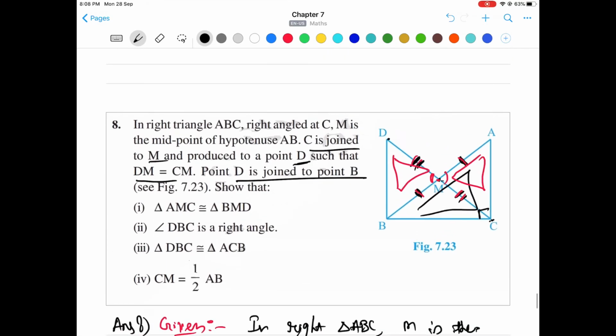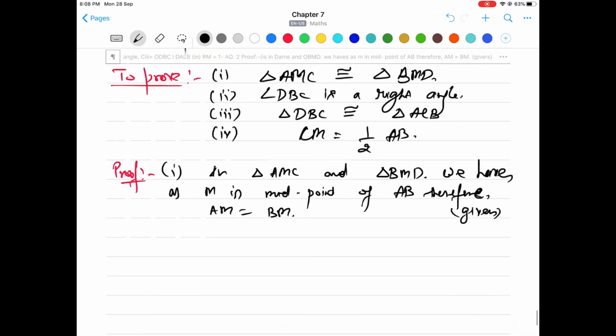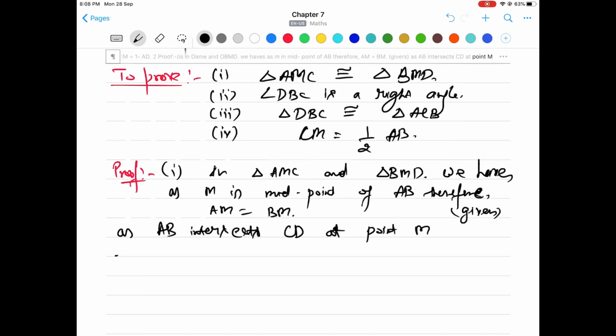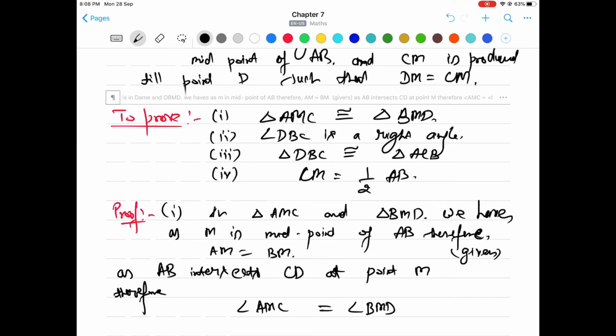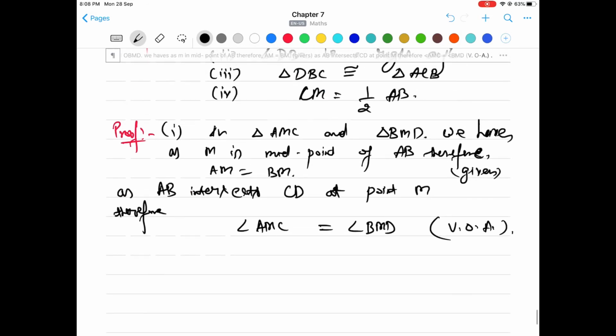This is given. Next, as AB intersects CD at point M, therefore angle AMC will be equal to angle BMD, and they will be vertically opposite angles.